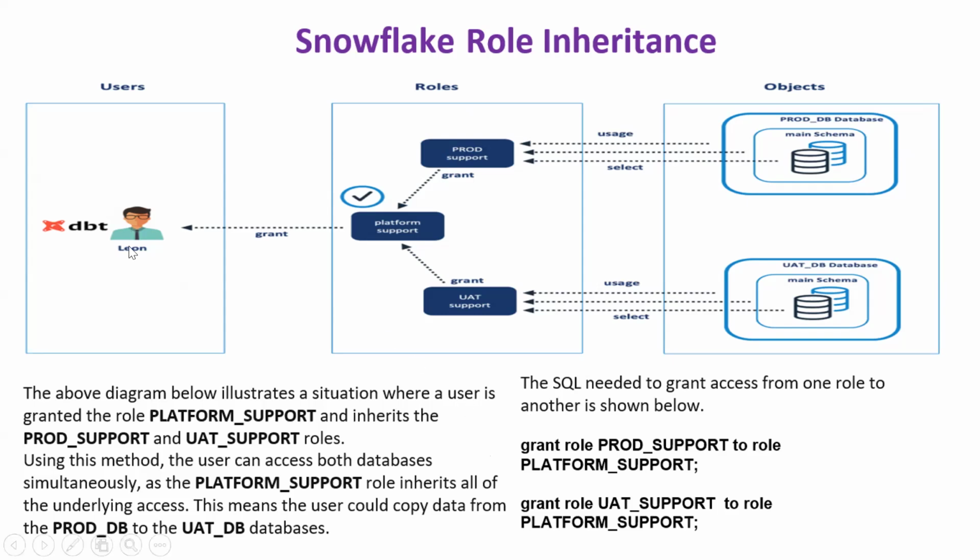Coming to here, this is role to role, where you are granting this UAT support to platform support, and I'm giving broad support to platform support, a role to role assignment. So that he will get access to both. That is the benefit in Snowflake. This can't be done in other databases, only in Snowflake we can do that.